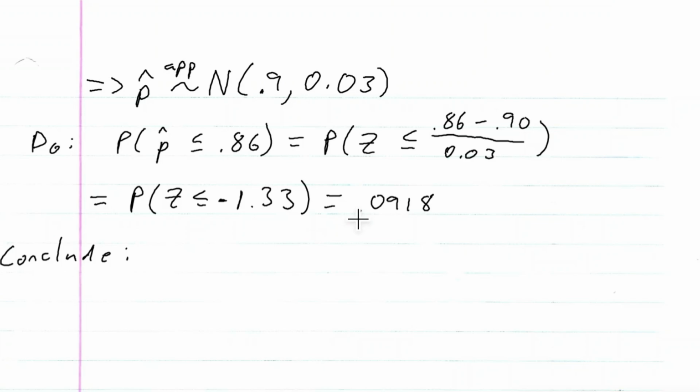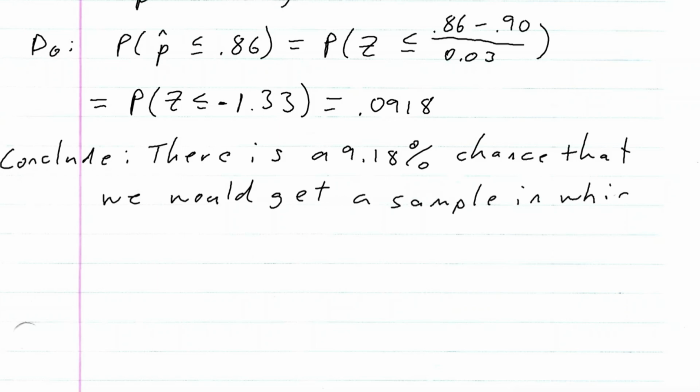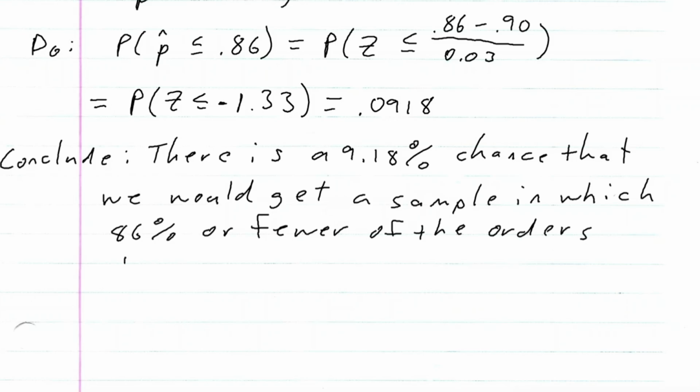There is a 9.18% chance that we would get a sample in which 86% or fewer of the orders were shipped within 3 working days.